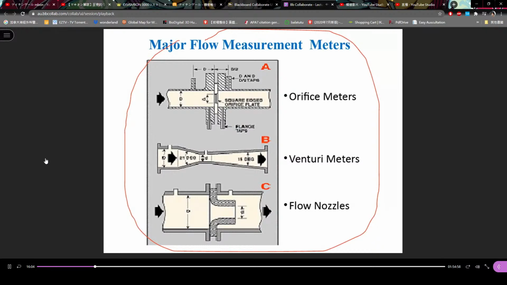Of course, I will also introduce other instruments later today. But you have to understand all the principles of these 3 measurements.